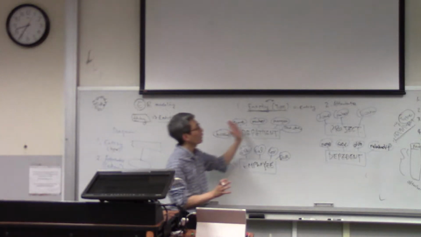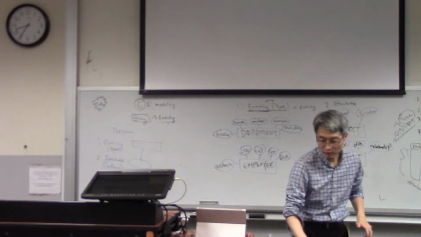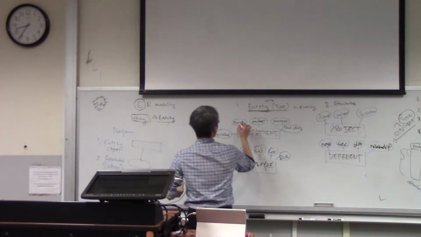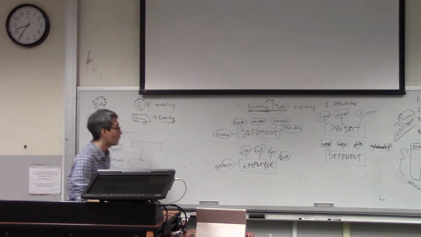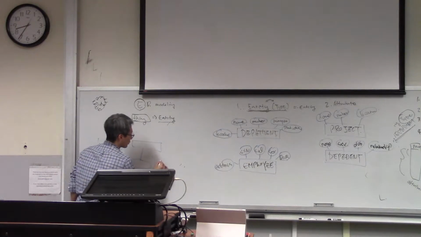So then the next one in the handout is relationship type, but instead we are going to take a look at more details of the attribute. There are different types of attribute. Just like the name, number is the normal attribute. Normal attribute is just the attribute.